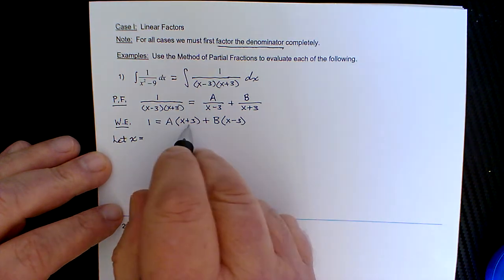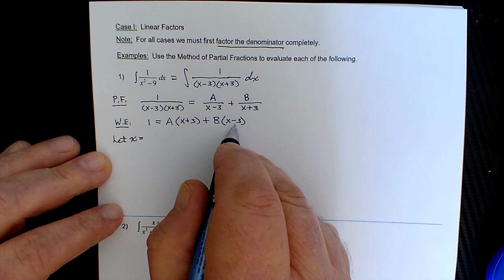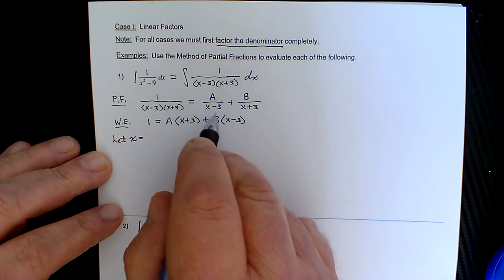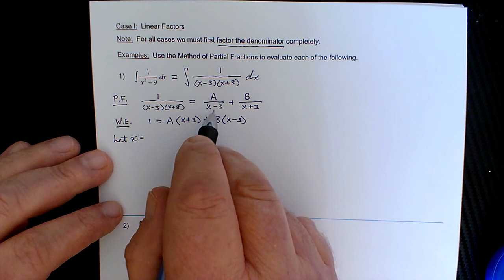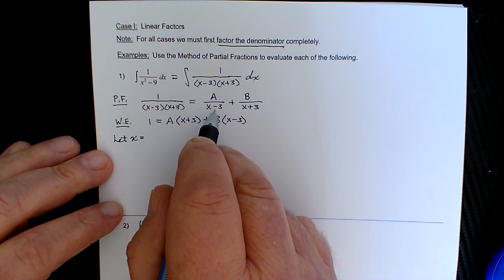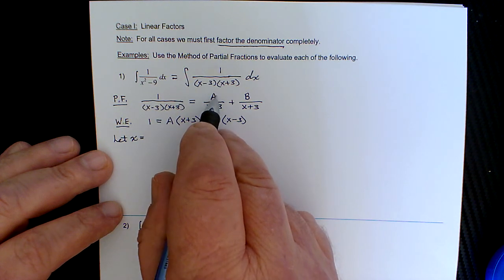And you can say what's going to cause this to go to 0 and what's going to cause this to go to 0, and just pick those values. I always like to go back, as I mentioned in the last lecture, to the original partial fraction decomposition and force that particular denominator to be 0, because then I'll know that I'm going to be solving for the constant above it.